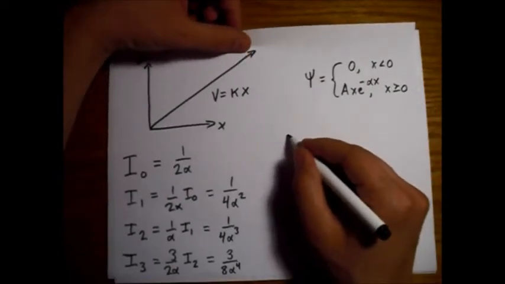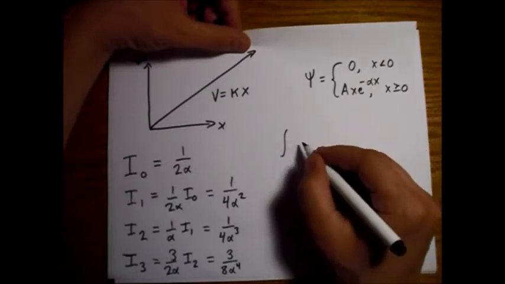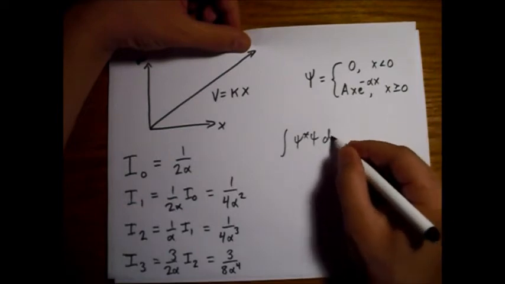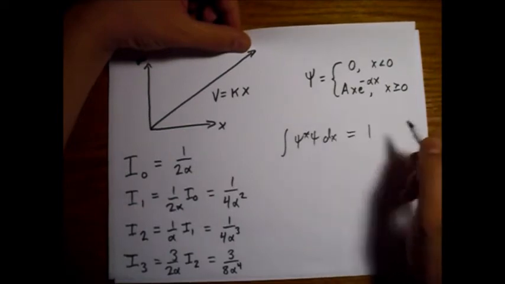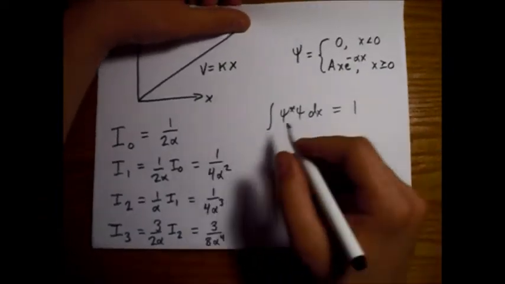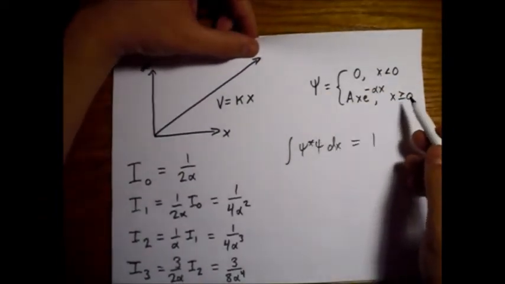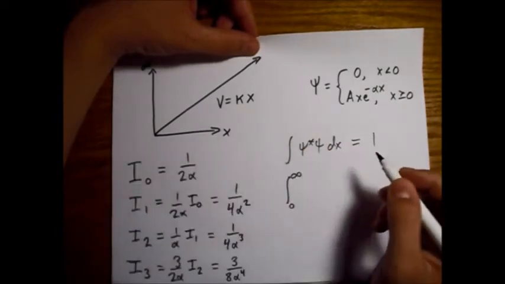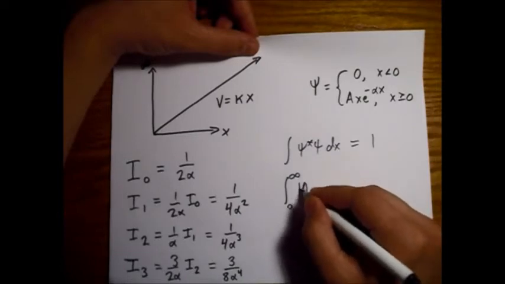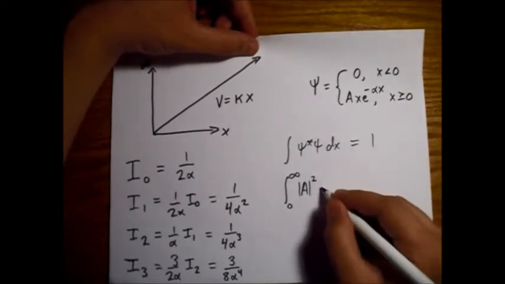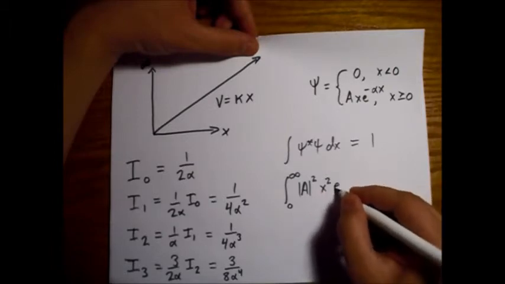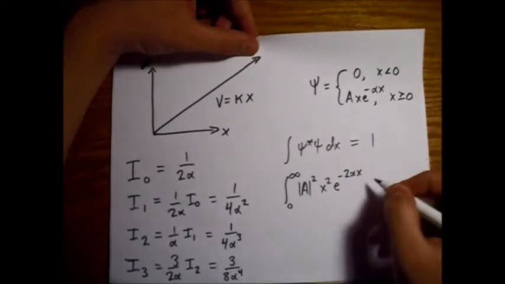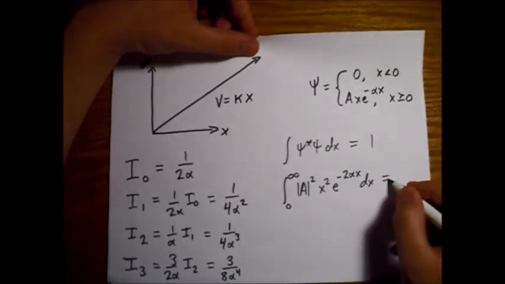So what we have here, we're just going to use basically psi star psi, right? It has to be equal to 1. All right, normalization condition. This wave function only exists from 0 to infinity. So from 0 to infinity, we get the absolute value of A squared, and we get an x squared e to the minus 2 alpha x dx equal to 1.